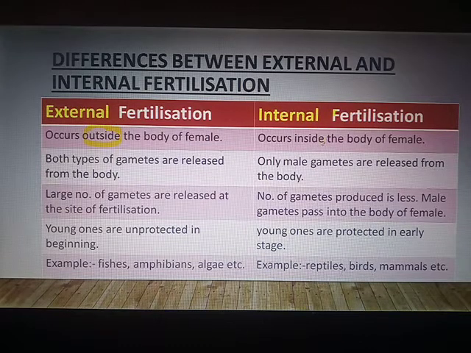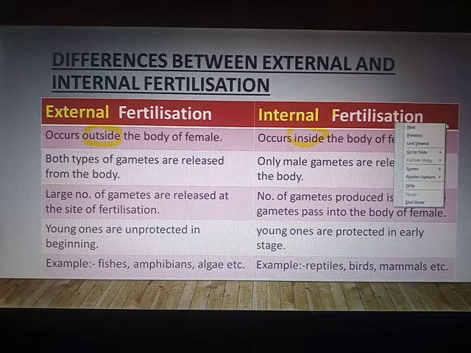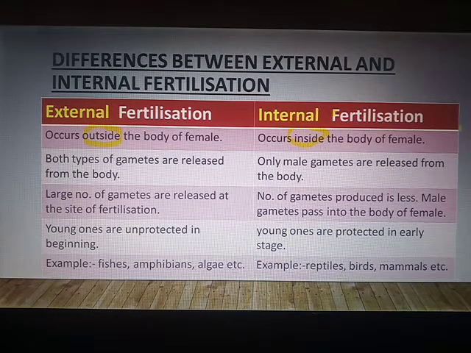So the fertilization which occurs inside the body of the female is known as internal fertilization. It is clear from the names that external fertilization occurs outside the body of the female and internal fertilization occurs inside the body of the female. It is a very easy point. I hope you all learn this very easily.